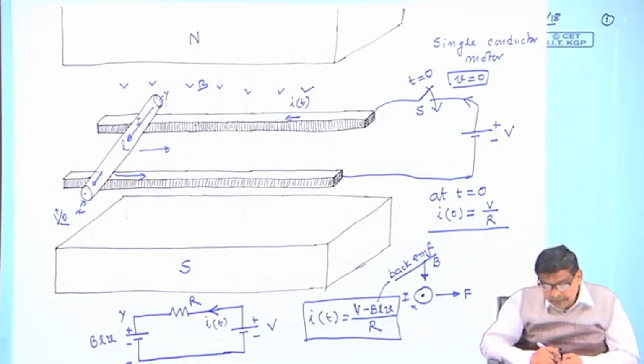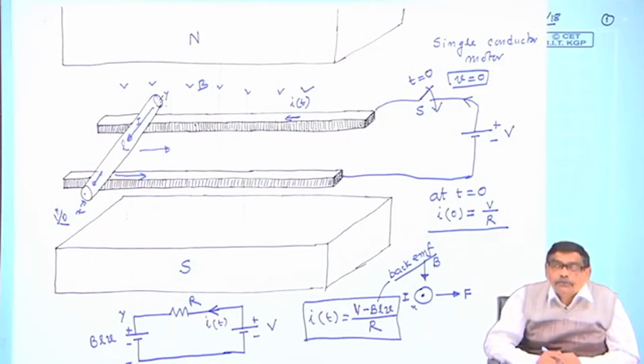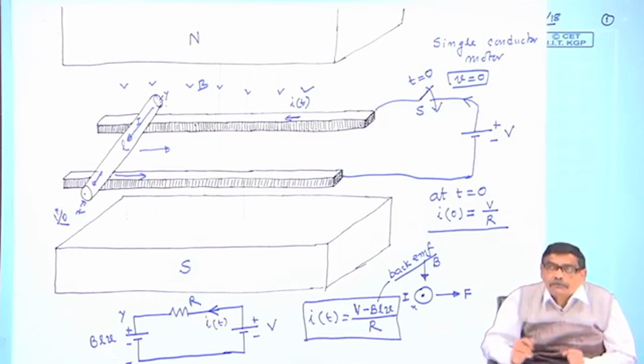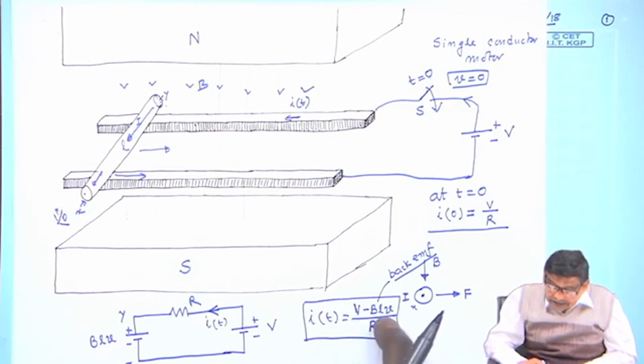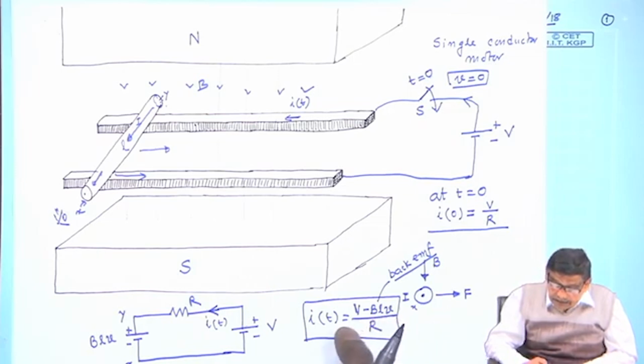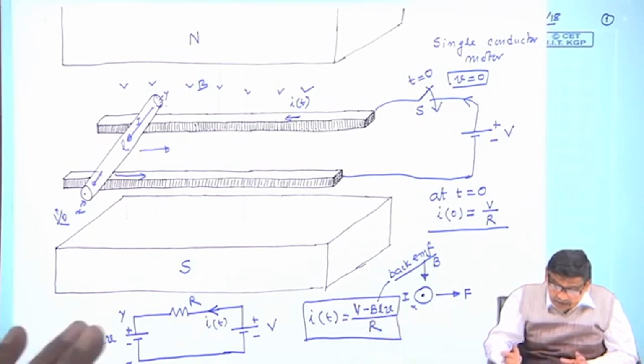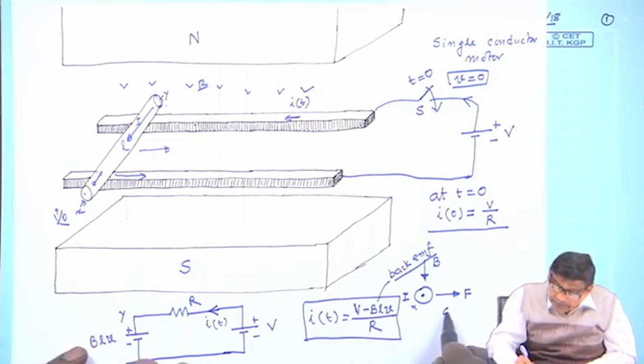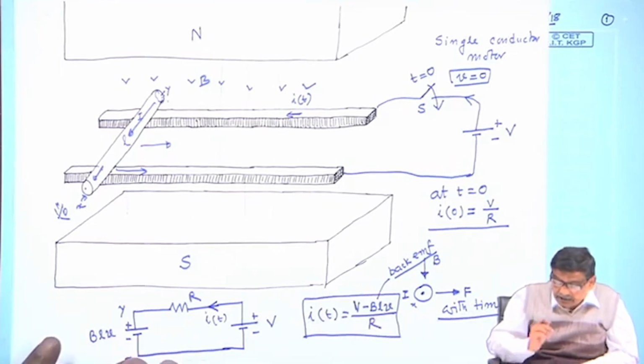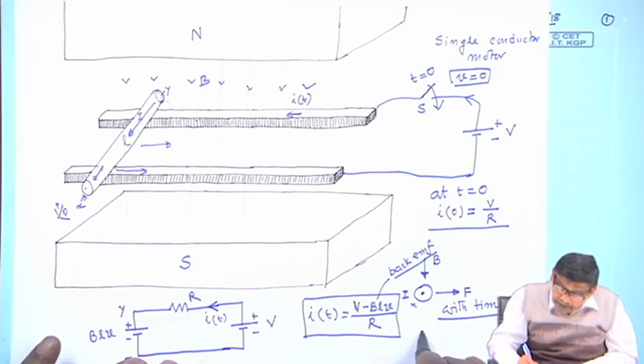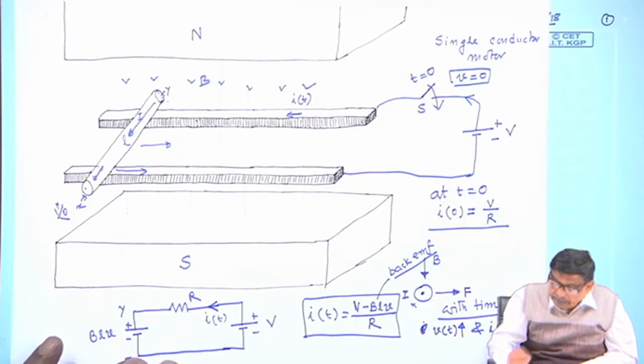And I can also predict that the i(t) value will go down and down, because v is increasing with time, capital V is constant, and B, L, R are all constant. Therefore, with time, I am confident, without doing any mathematics, only looking at this expression, that v(t) will go up and i(t) will come down.